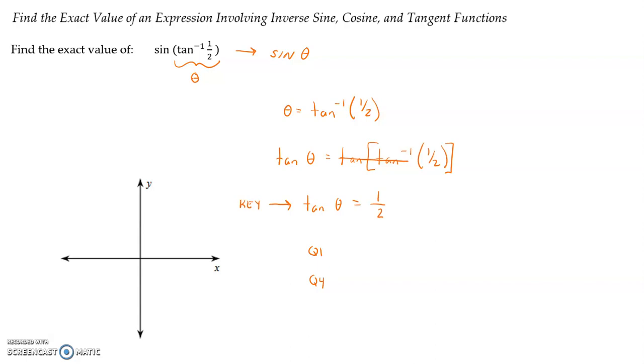If your tangent value is positive, then you're going to be in quadrant 1. If your tangent value was negative, then you would be in quadrant 4. And if we take a look at our value here of the 1/2, notice this is a positive 1/2, so we're going to go ahead and draw our triangle in quadrant 1.